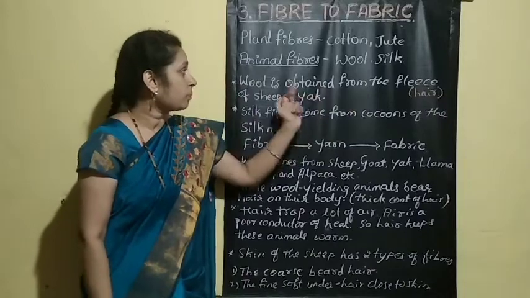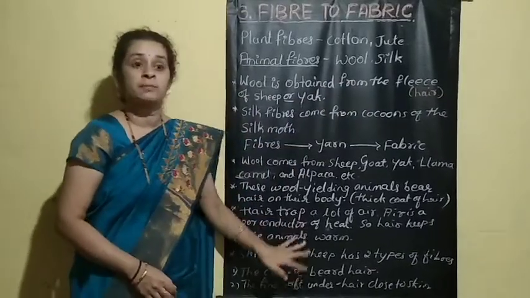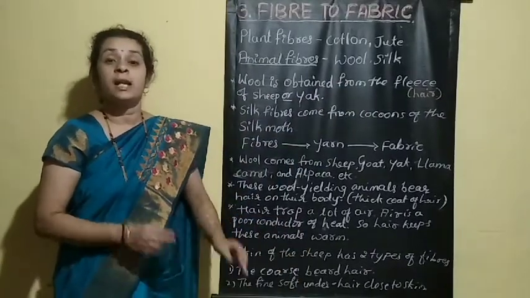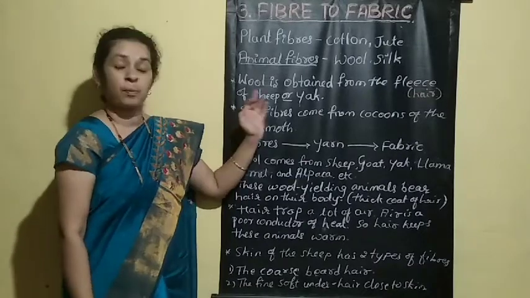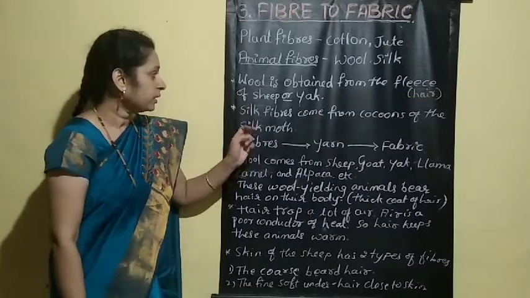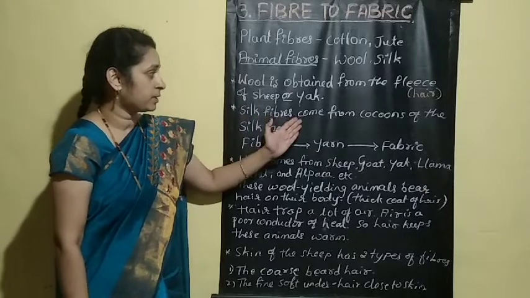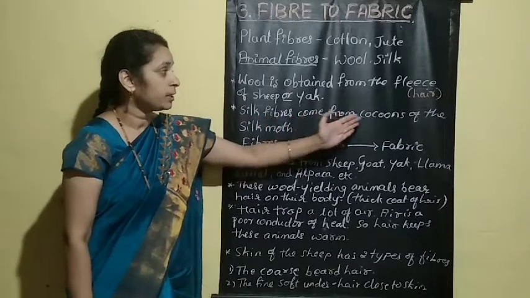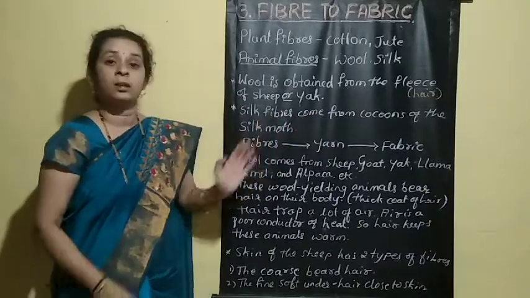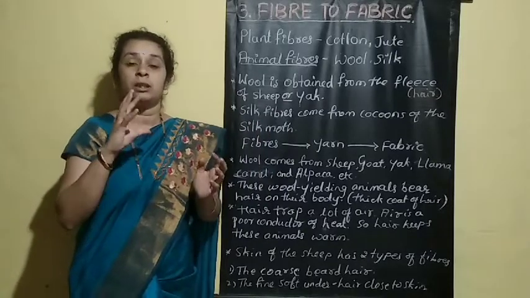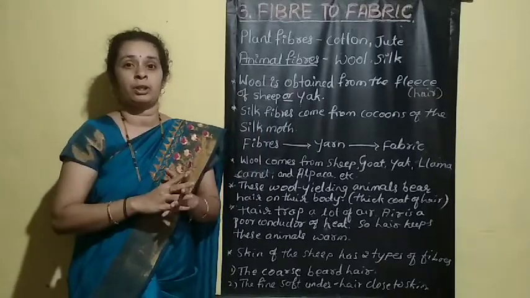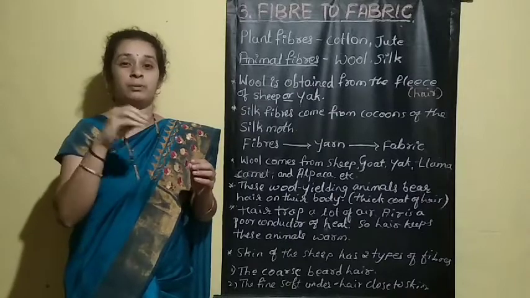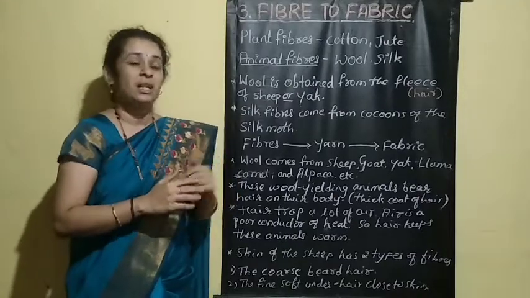Wool is obtained from the fleece, which means the hair of a sheep or yak. And we obtain silk fibers from the cocoon of the silk moth. Silk moth means the silkworm larva. They spin a cocoon inside that.